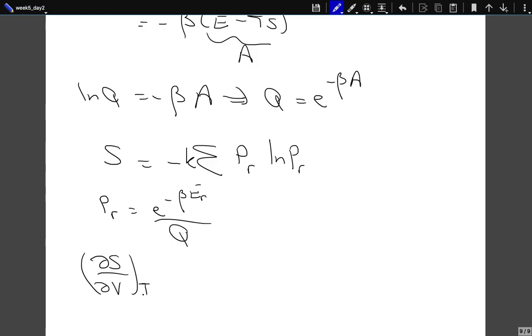If that definition of entropy is correct, this derivative should give me P over T.